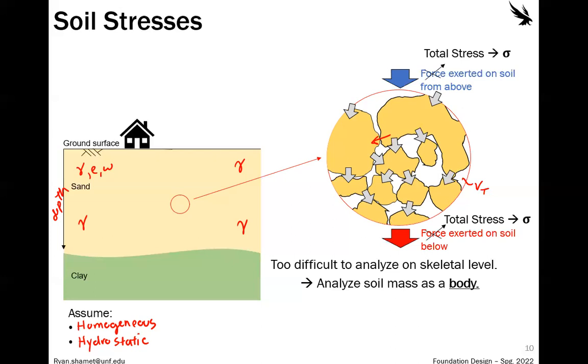So that's where that sigma value comes in, the total stress, the stress acting on the element from above it. If we wanted to know what that stress would be at this point, we could just add up all the weight of the material above it.